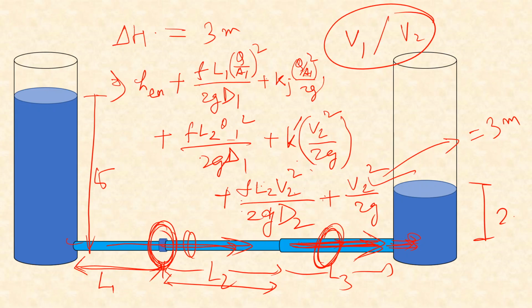Similarly here. But wherever we found v2, instead of v2, now we are going to write (q by A2) squared, and here also (q by A2) whole squared. Similarly here.